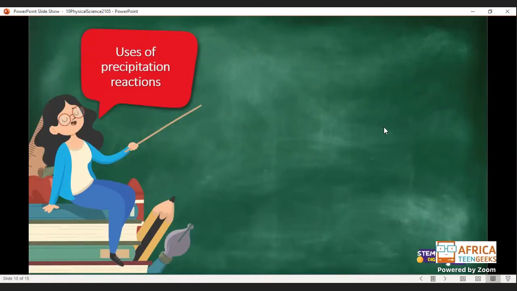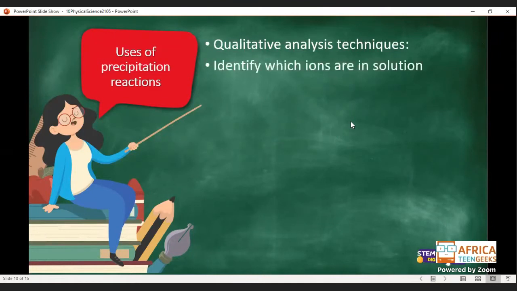Right. So, uses of precipitation reactions. We can use them qualitatively. Big word. Qualitative comes from the word quality. Okay? It means that I can identify which ions. Okay?